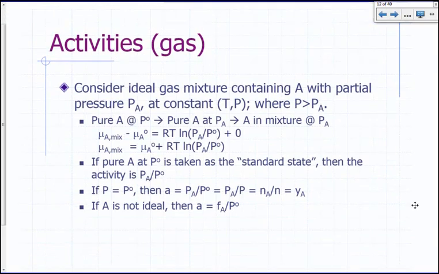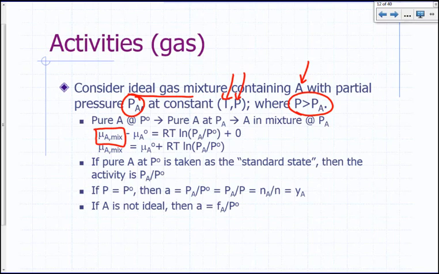All right, so consider an ideal gas mixture containing species A with a partial pressure of P sub A at constant temperature and pressure. P sub A is part of a mixture, so the total pressure must be higher than P sub A. Now, what would be the difference between the chemical potential of A in this mixture and its chemical potential in what we would call the standard state?